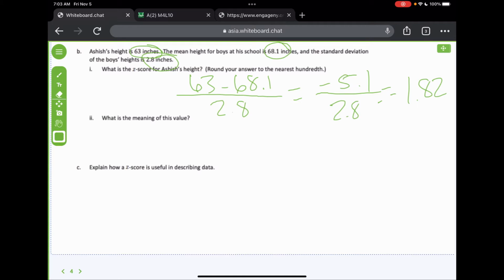What is the meaning of this value? Okay, well, since it's negative, it means we are below the mean. And we're below it by 1.82 standard deviations.